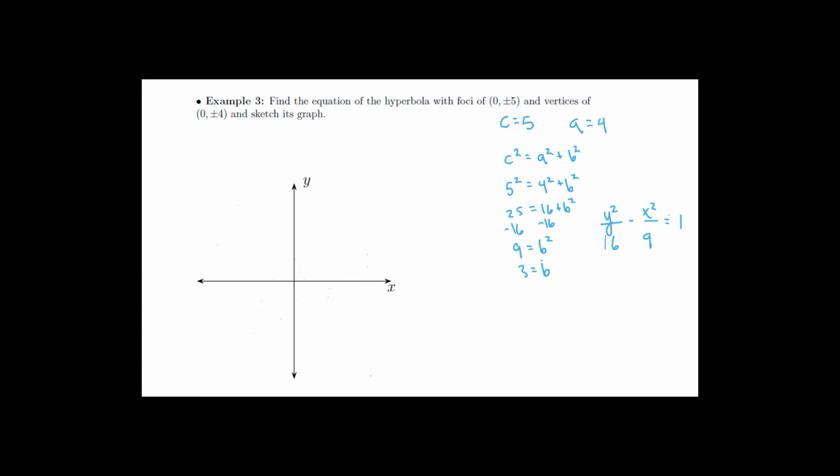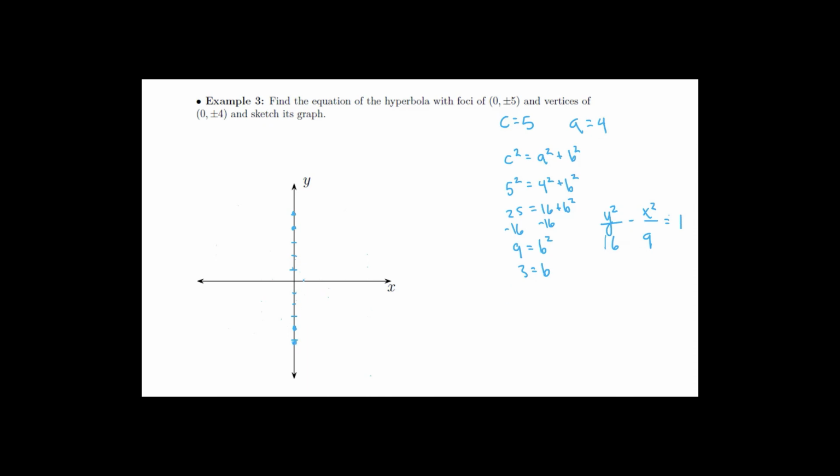All right, now we have everything we really need to sketch the graph of this, right? So we know that we have foci at (0, 5) and (0, -5), vertices at (0, 4) and (0, -4). So you can start making tick marks here. Vertex here, focus here, focus there.